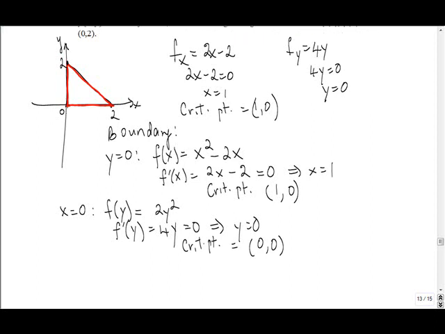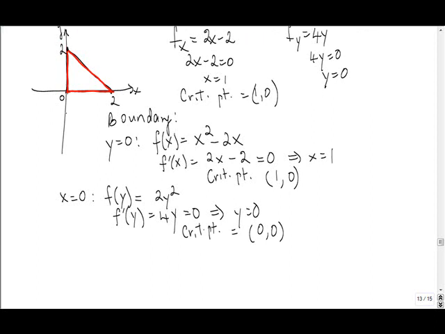We have one more line to find. We need the equation of this line. So you have to go back to your algebra. And you can easily find it because the slope is minus 1. So it's minus x. The y-intercept is 2. So it's plus 2. So now we check in at y equals minus x plus 2. Take this and put it into the function.